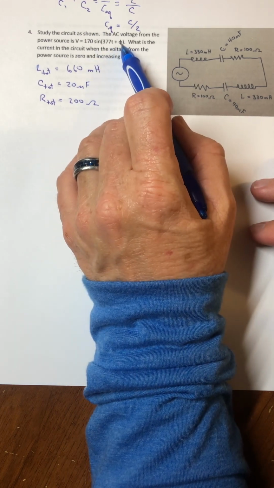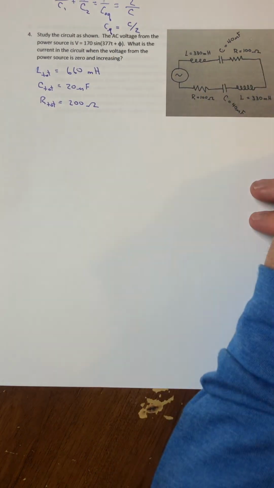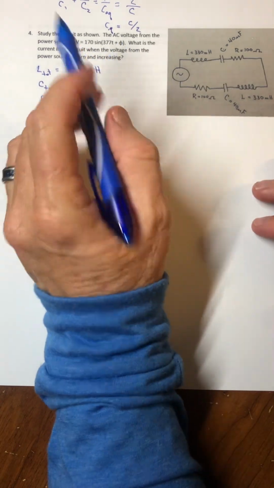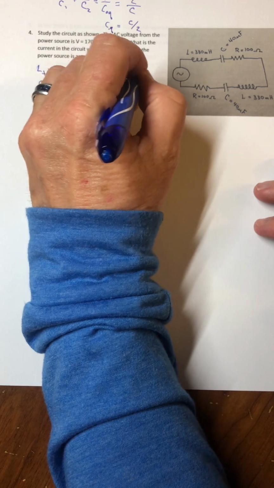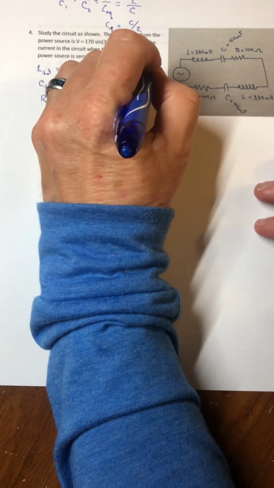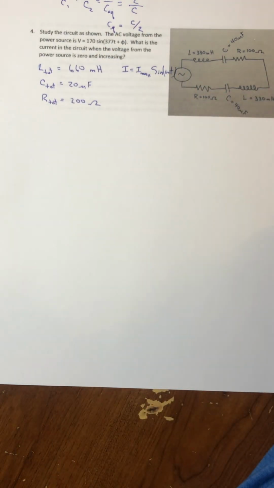And there's some phase, because the voltage may not be in phase with the current. So we wrote the voltage as being out of phase compared to the current, and then the current would have some maximum value, sine omega t.